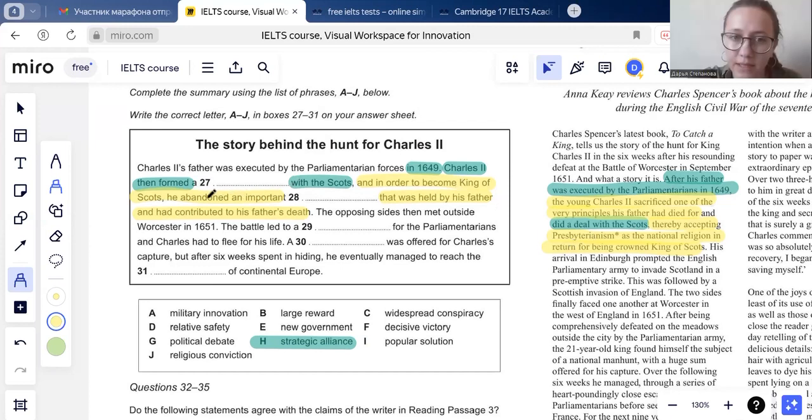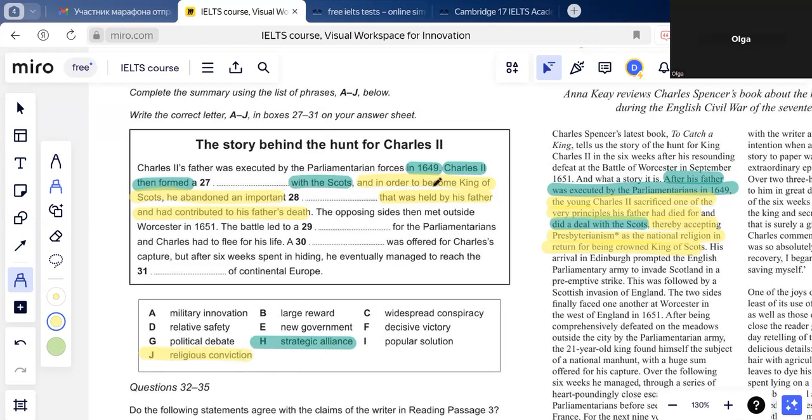Abandon. An important, in this case, is going to be J, religious conviction. Yeah, that was held by his father. I mean, abandon, sacrificed, right. And in this case, it is religious convictions that was held by his father. Of the very principles his father had died for. Yeah. Okay. And what about religious conviction? It's a principle.